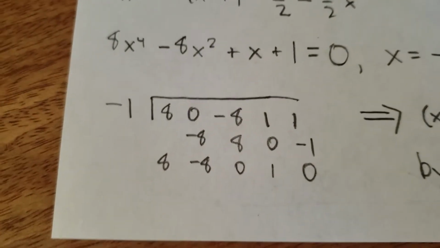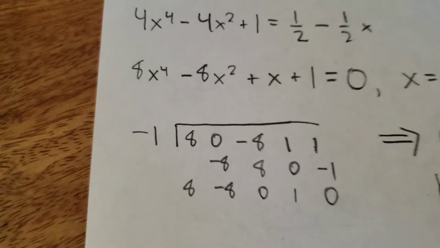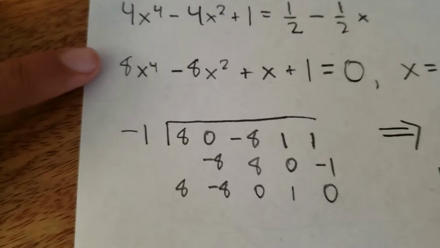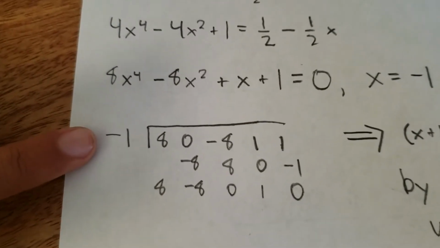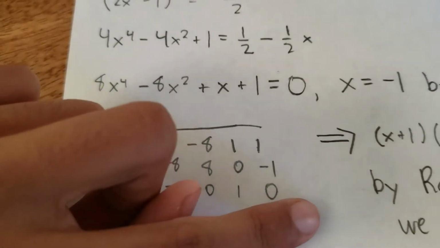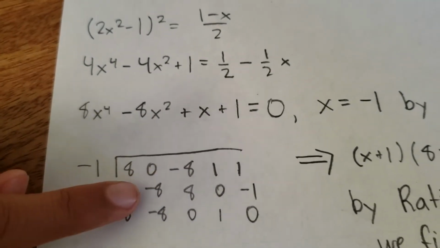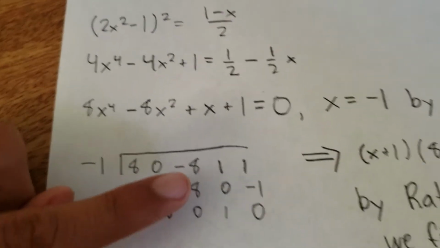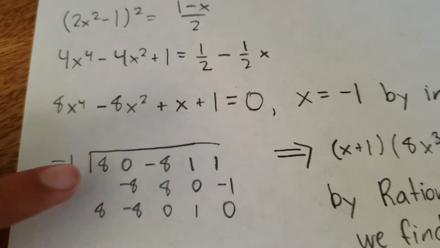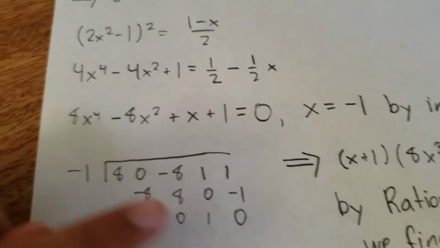So now, to find the rest of the solutions, we synthetically divide this polynomial by the -1. Based on these rows of numbers, we bring down the 8, multiply, we get -8. 0 minus 8 is -8, multiply, +8. -8 plus 8 is 0, multiply 0. 1 plus 0 is 1, multiply by -1, and then we get a 0.